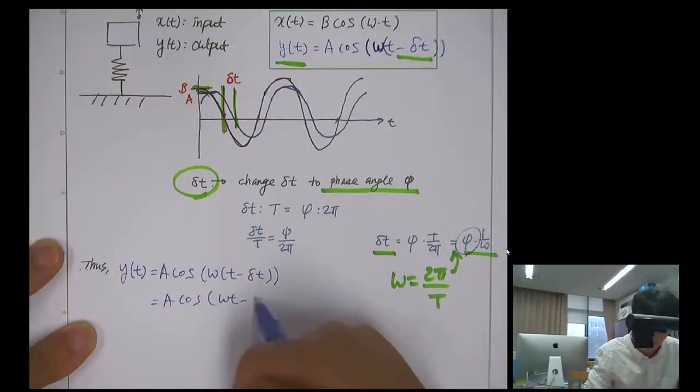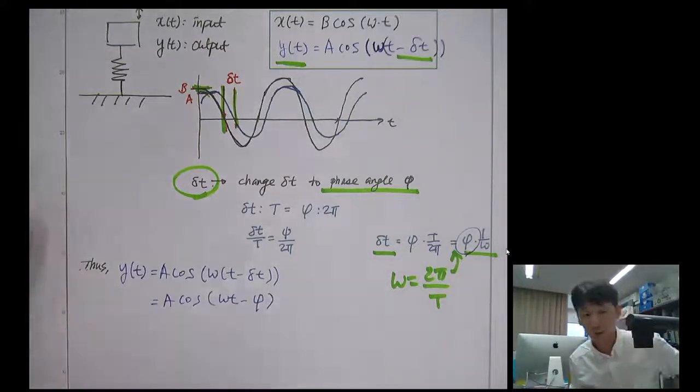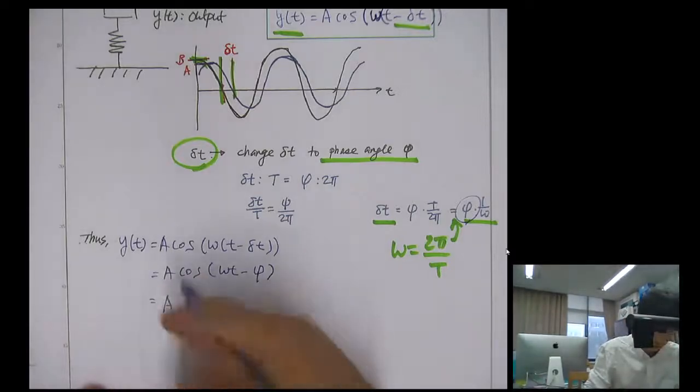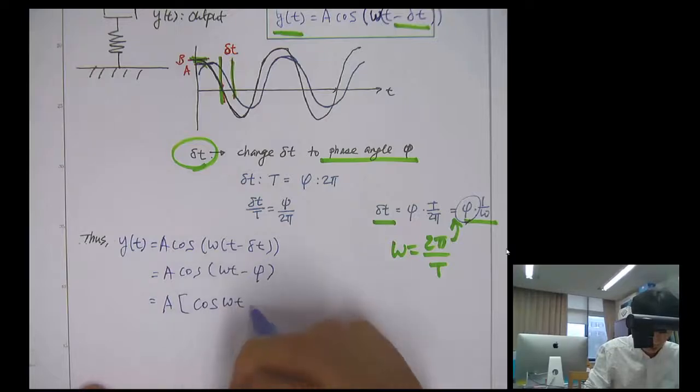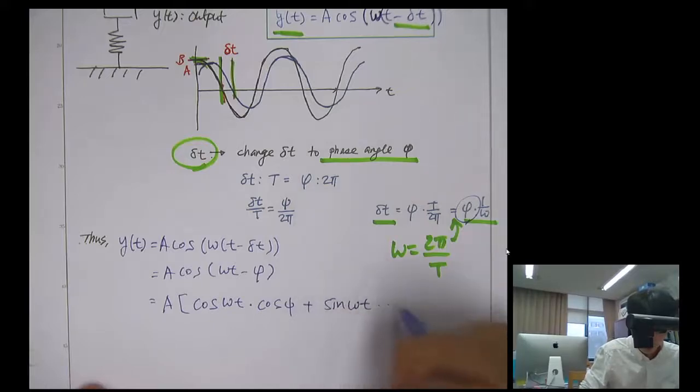If we use the trigonometric relation, then we can decompose it into cosine omega t times cosine phi plus sine omega t times sine phi.